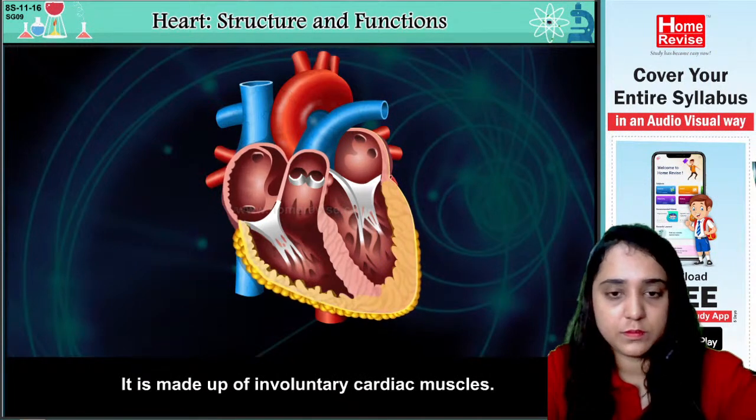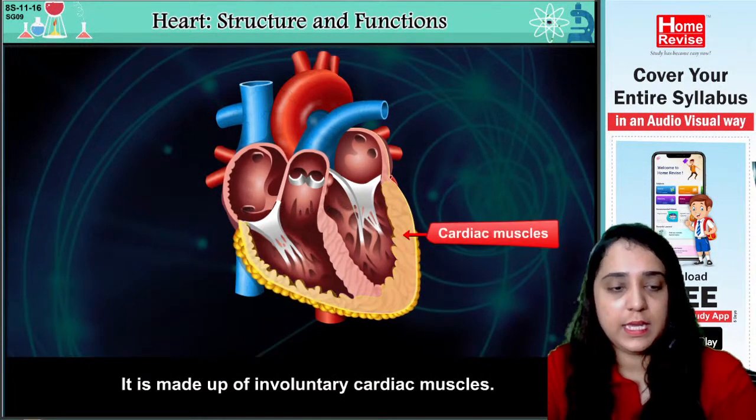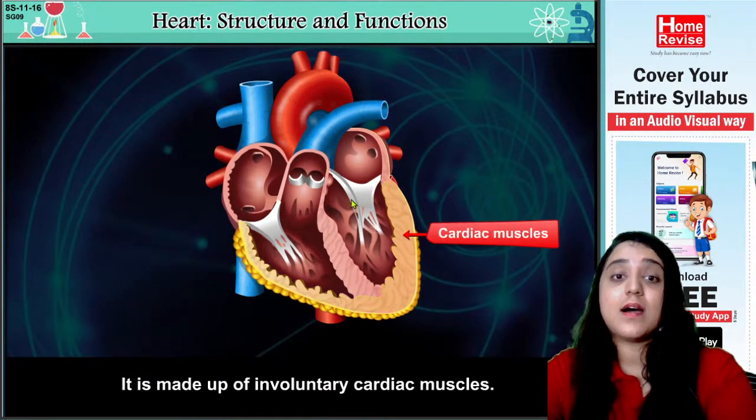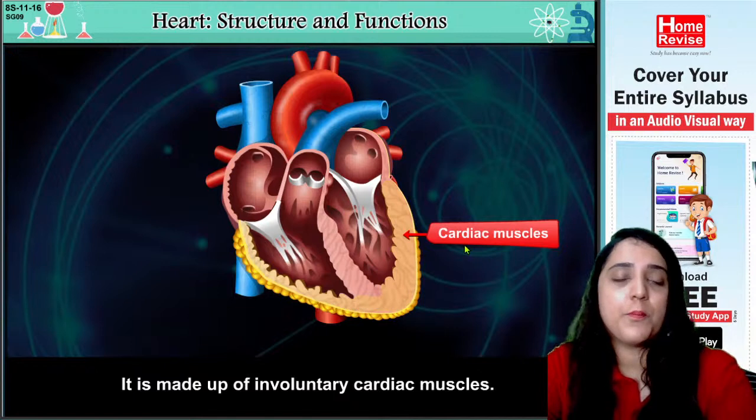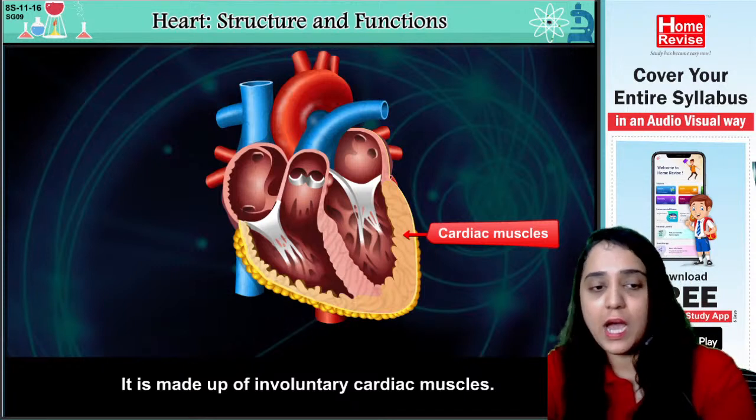It is made up of involuntary cardiac muscles. So which muscles are involved in the formation of the human heart? This kind of question may appear, so it is very important for you to know that cardiac muscles are involved in the formation of the heart.